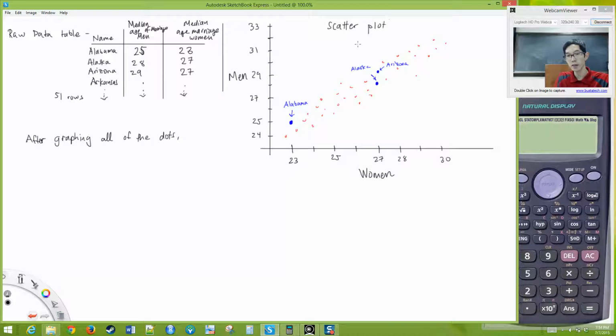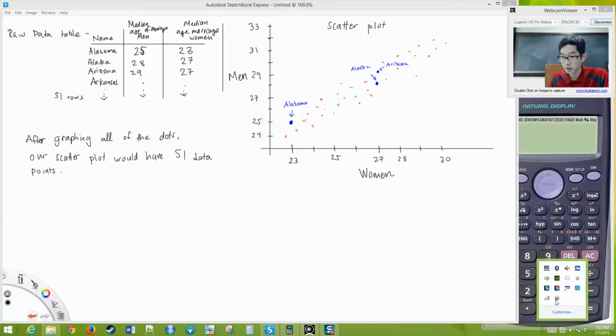Okay, so after graphing all of the dots, our scatter plot would have 51 data points. Okay, and let me fix this here.